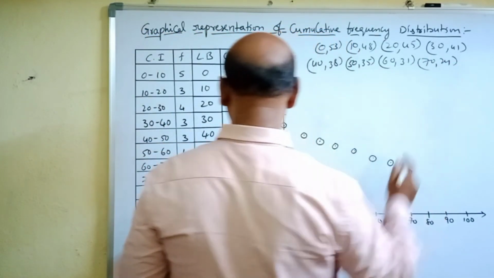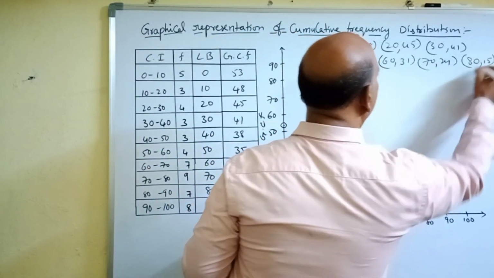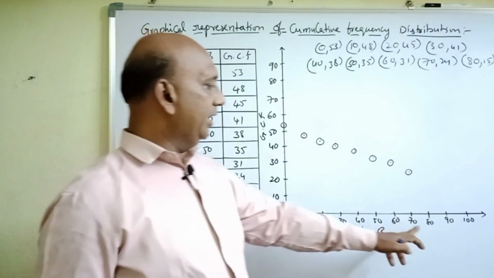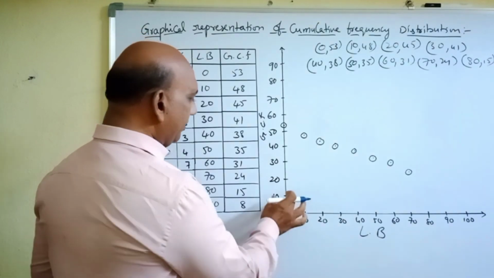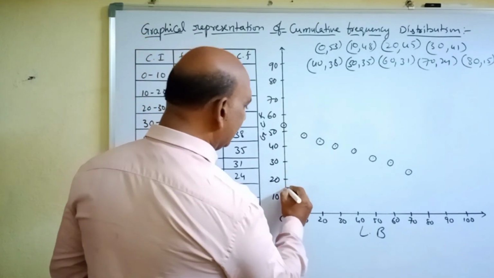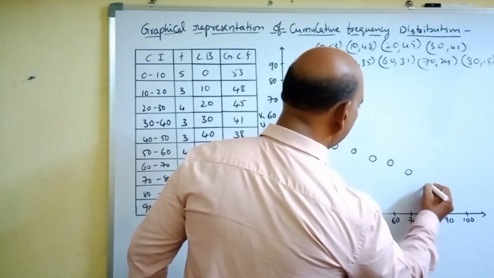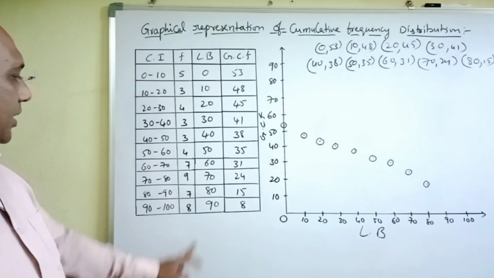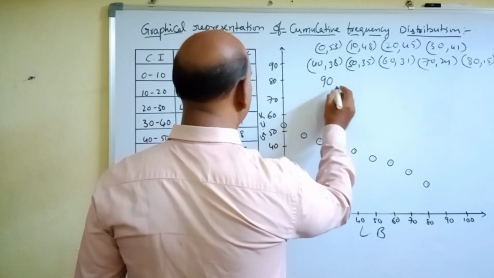Next point is 80, 15. This is 80, 15. So the point of intersection of the perpendicular distances of 80 and 15. This is 80 and 15, meaning between 10 and 25, exactly the middle value of 10 and 25, you will get this point here. And then 90 and 8, the last but not the least point.